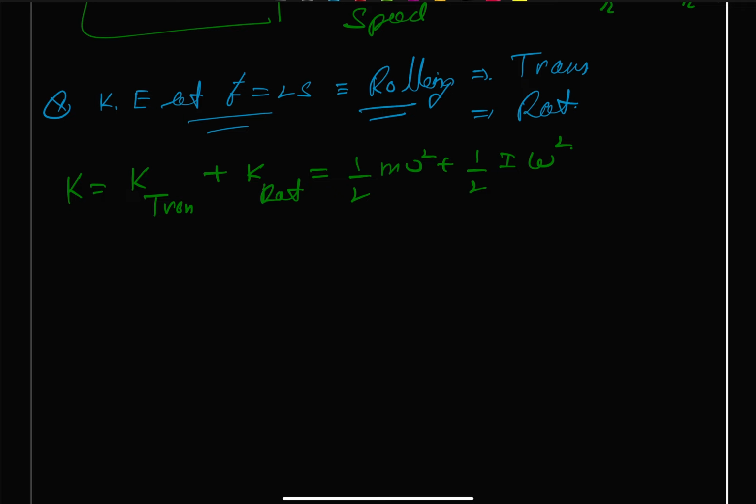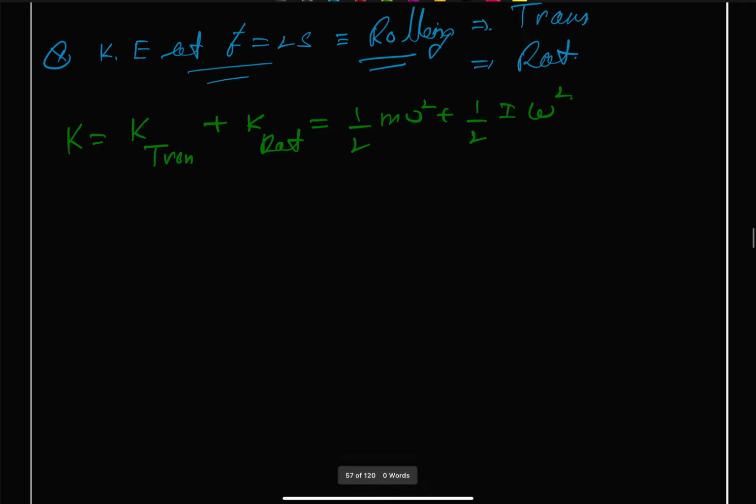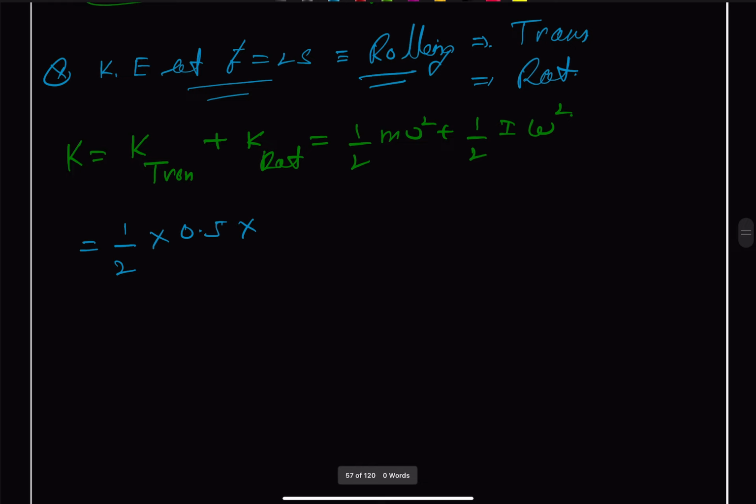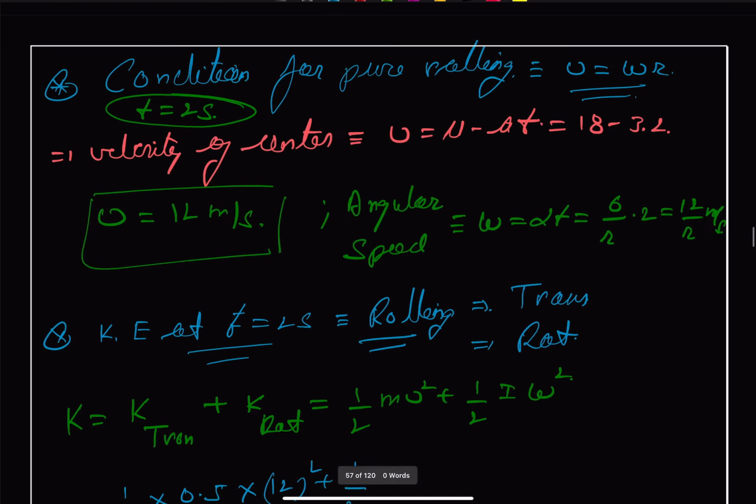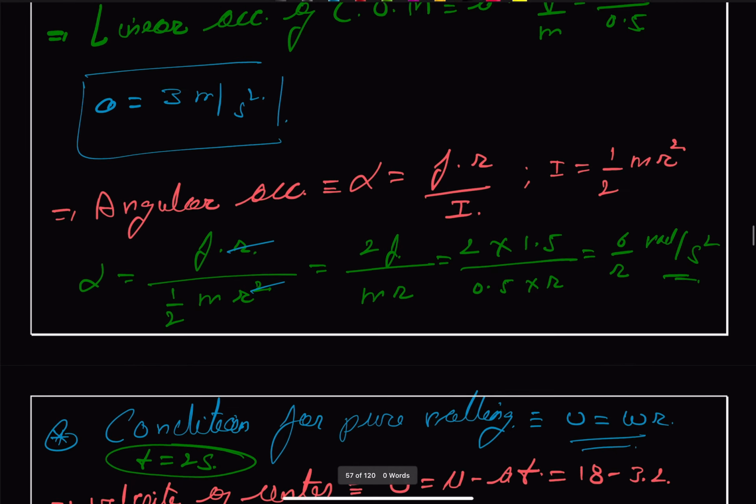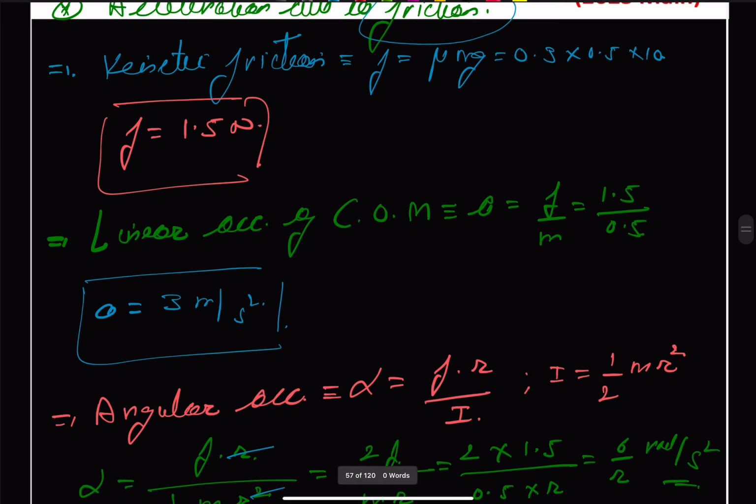And we substitute the values, we get half, mass is 0.5, and velocity we found is 12, whole square, plus half, moment of inertia I omega square, and I is not written.